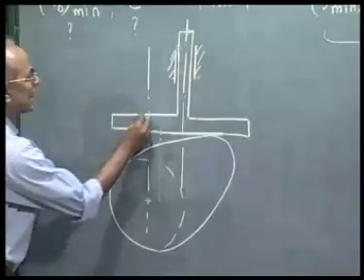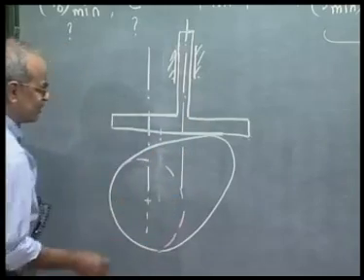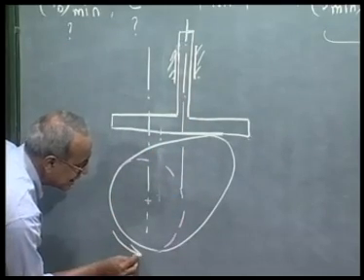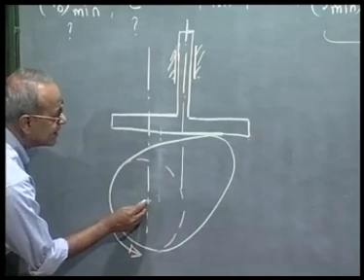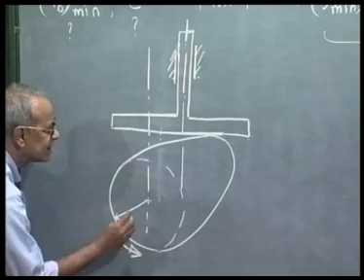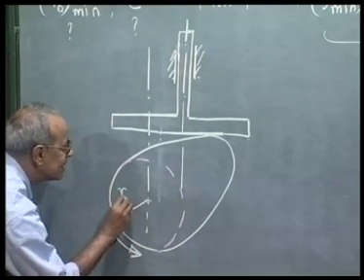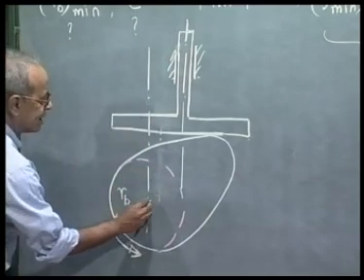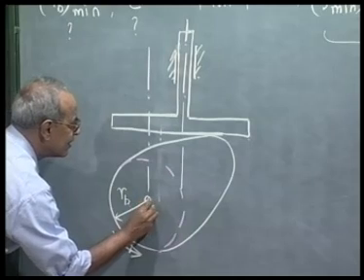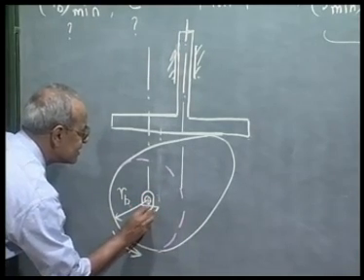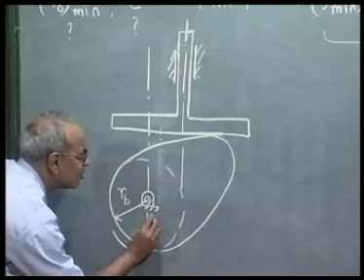As we said, this is a flat face follower, and this is a cam which is rotating in the counterclockwise direction. This circle is the base circle and this is the base circle radius. The cam center is here, the camshaft axis, let me call it O2.